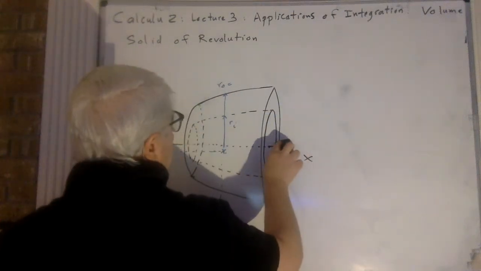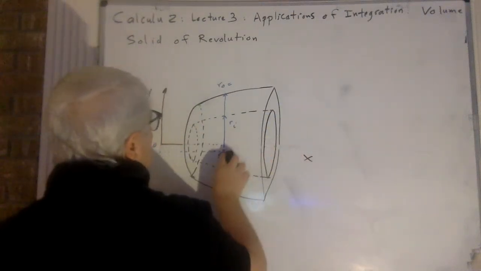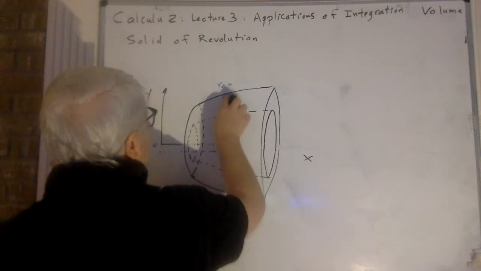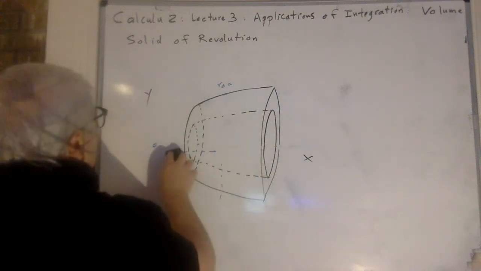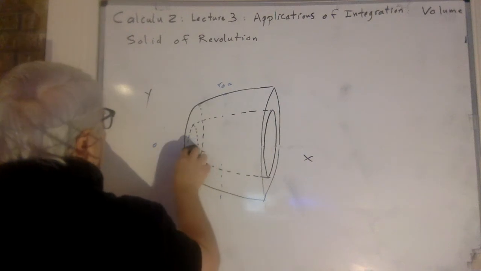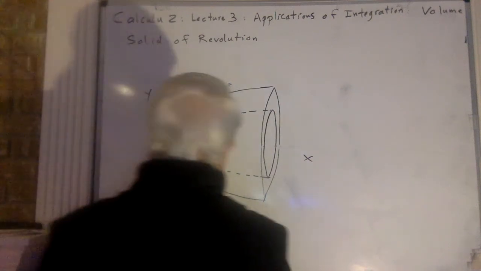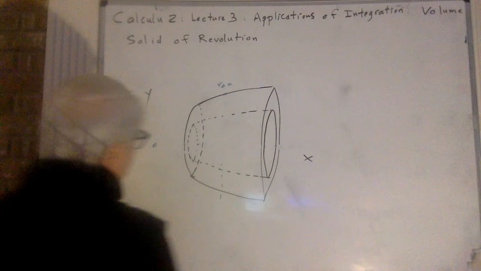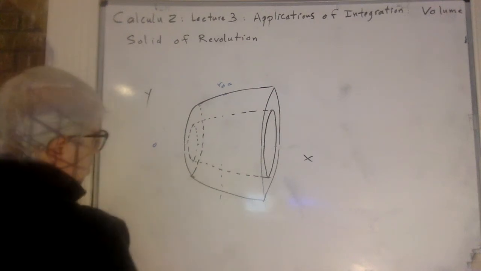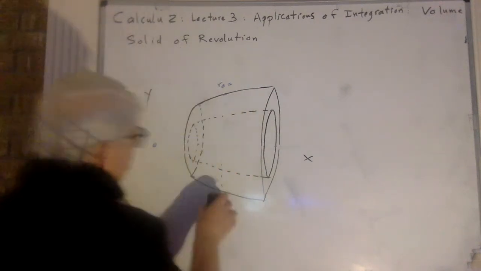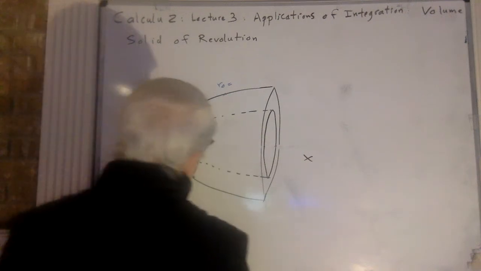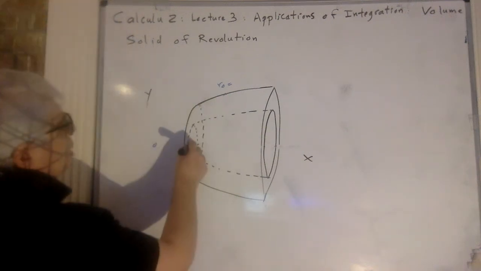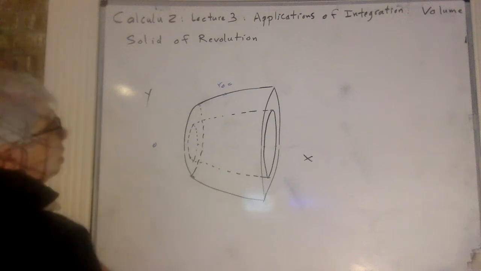Well, maybe this is not a bad idea to just keep everything. So let's say my x-axis does not pass through the center line of this. The line that connects the center of this one to the center of this one is called the center line.